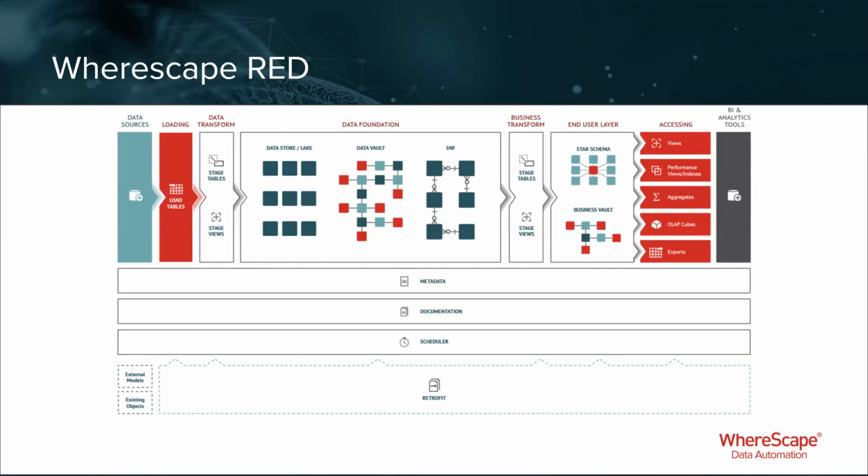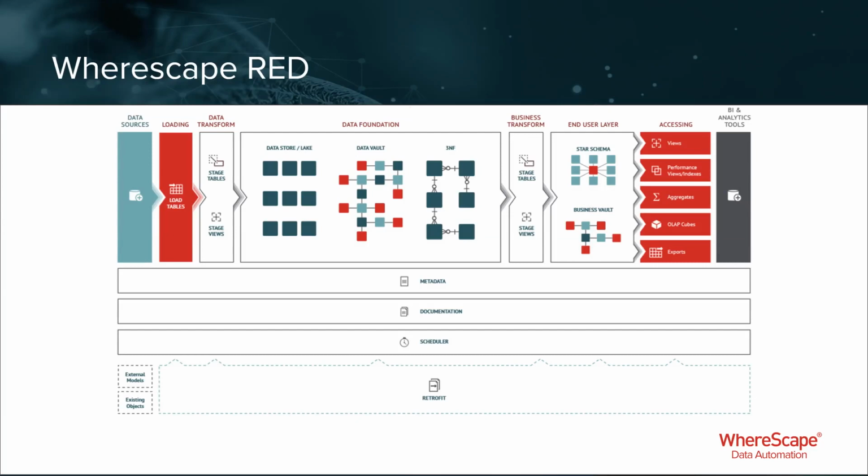You start with your data sources, which then go to the loading tables, any transformations of that data, and then it goes into the data foundation. The data foundation is based on your modeling technique through 3D. You can do third normal form, Inmon, Kimball. You can use Data Vault. You can use data lake, big data type schemas, for example, that are built within the 3D product.